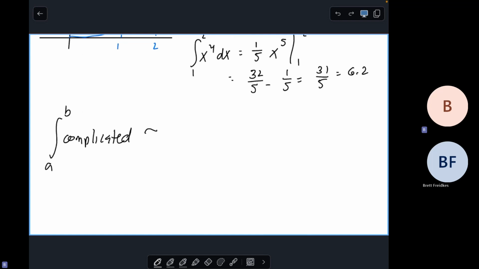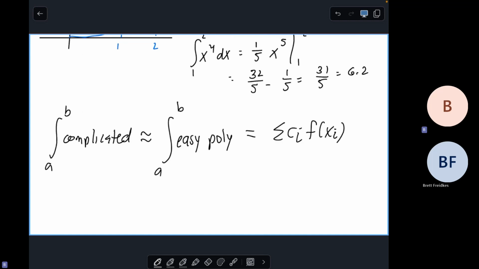We will approximate that as an easy polynomial from A to B. And because we don't necessarily want to integrate that polynomial, which requires some work to find the slope and the y-intercept or all the terms, what we do instead is force equality to say that this is the summation of some rectangles. This is Gauss quadrature.